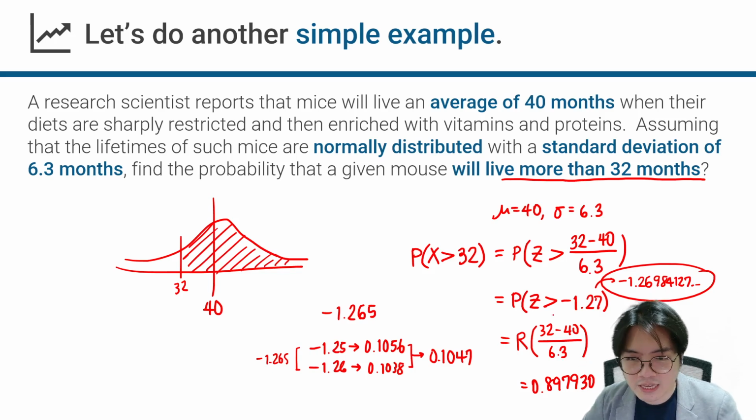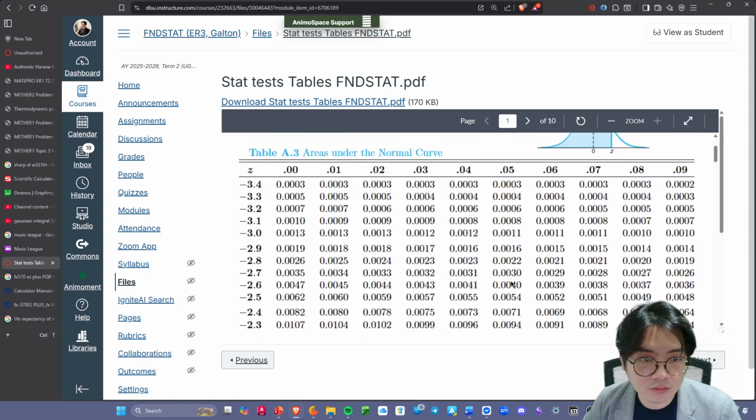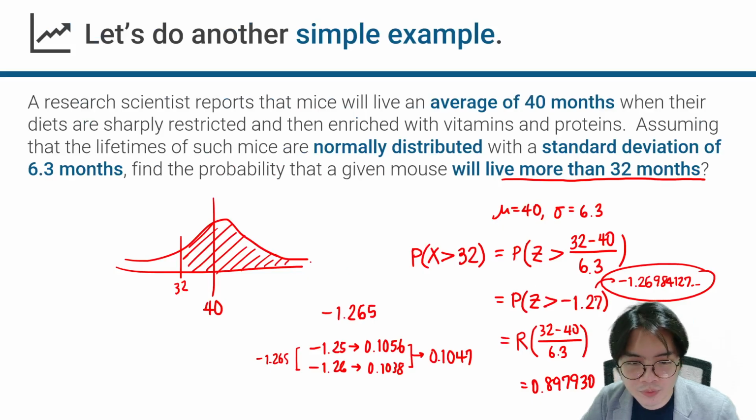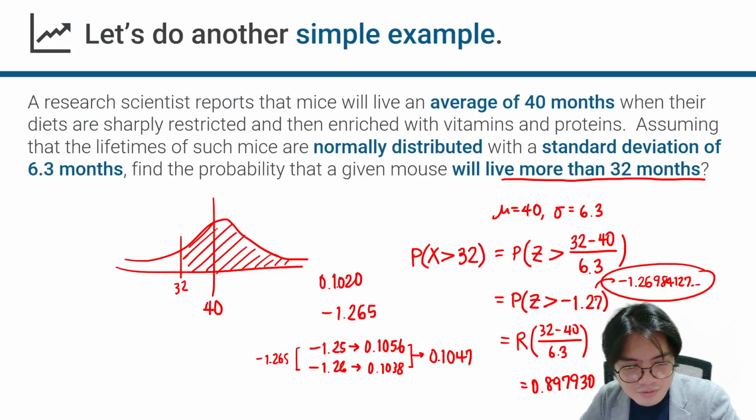And let's just see if this is indeed correct. For negative 1.27, 0, 1, 2, 3, 4, 5, 6, 7, that is 0.1020. Of course, we're now getting the area to the right.